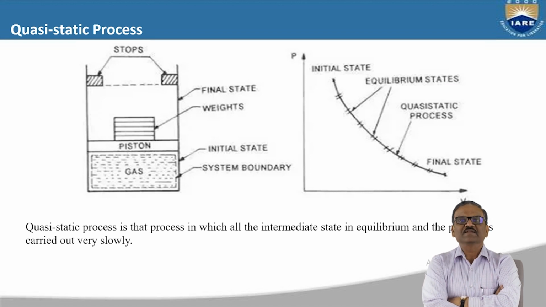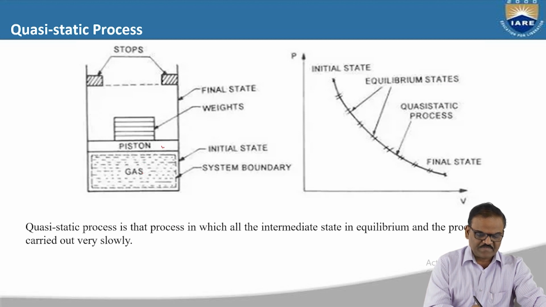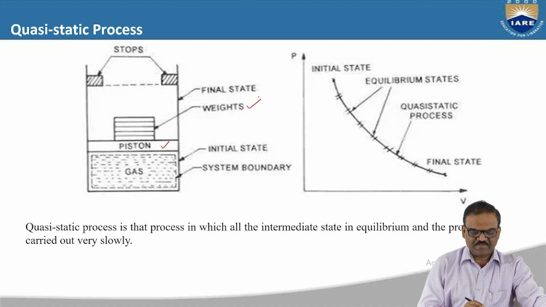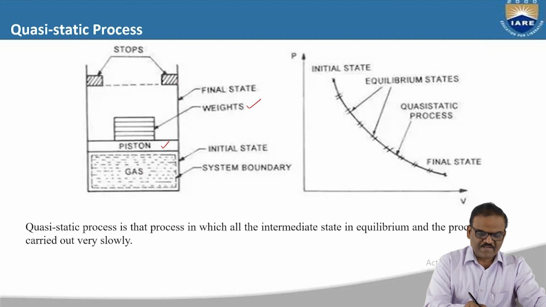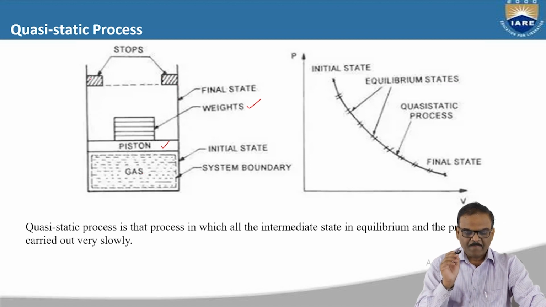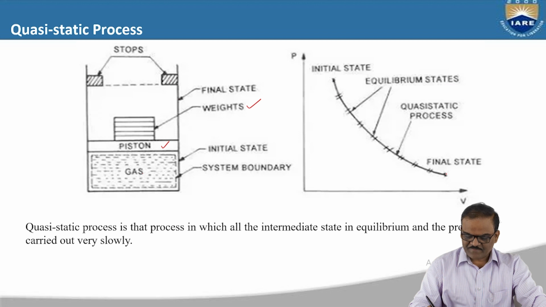Then, what is the state of the system? Quasi-static process. A quasi-static process means there is a gas and a piston and some weights. There is the system boundary and the initial stage, and it has certain weights and reaches up to the final stage, with stops on the system. From the initial stage it keeps moving to the final stage.